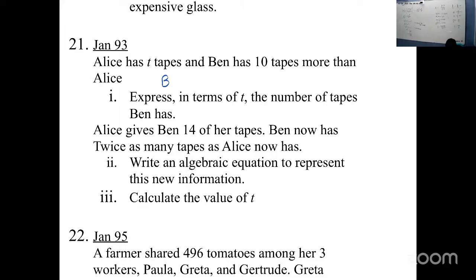Applying B for Ben, they ask the number of tapes Ben has. So Ben has 10 tapes plus T. Alice has T and Ben has 10 more tapes. So 10 plus T. That's part one.